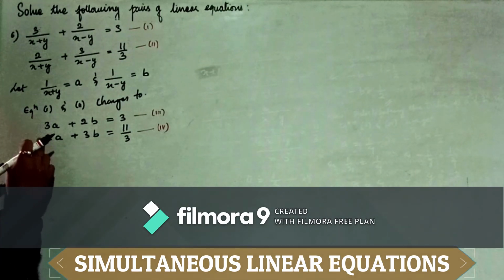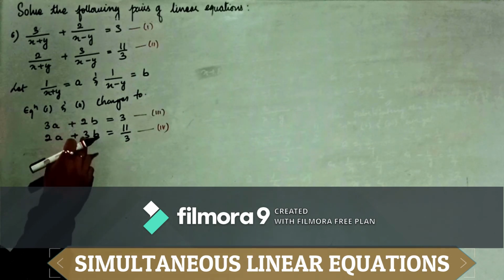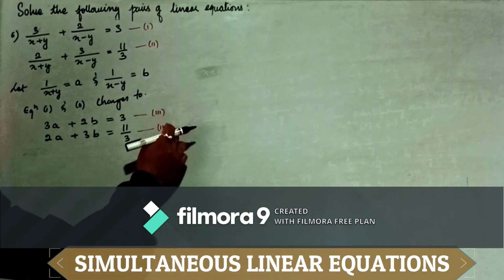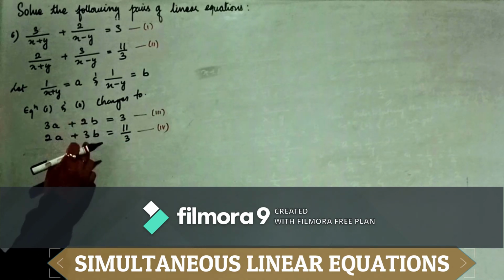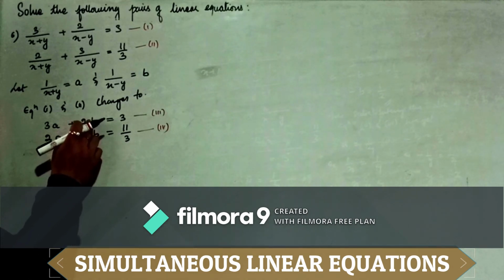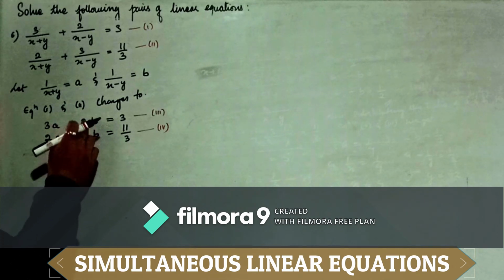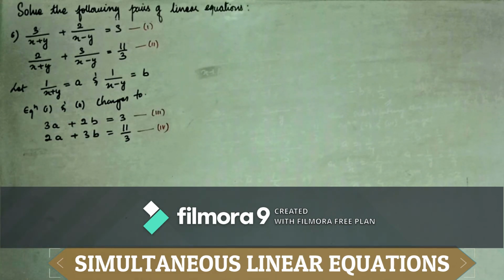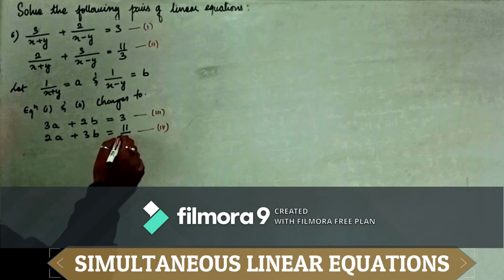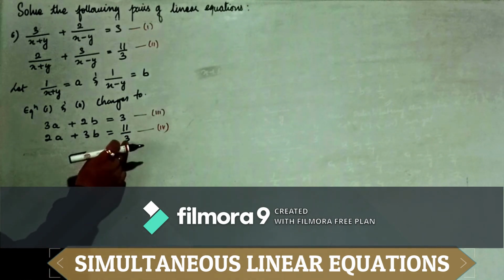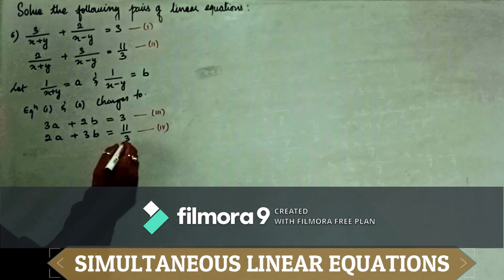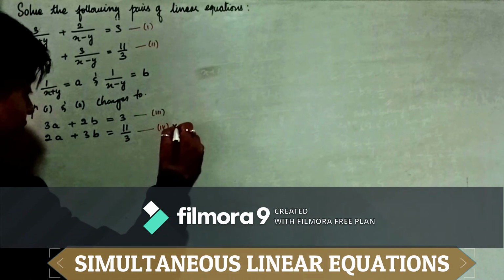Now from these two equations we have to multiply with some number so that we get the variables similar in both the equations. We also have to keep in mind that there is a denominator 3, and we try to eliminate this 3 as well. So to eliminate this 3, we will multiply this with 3.